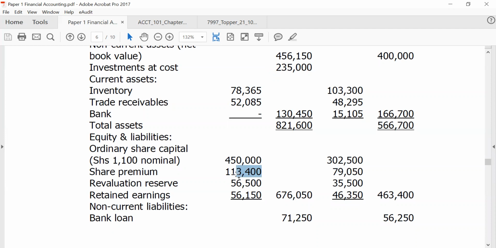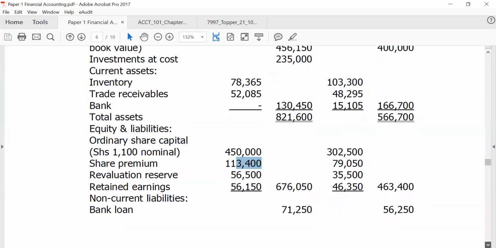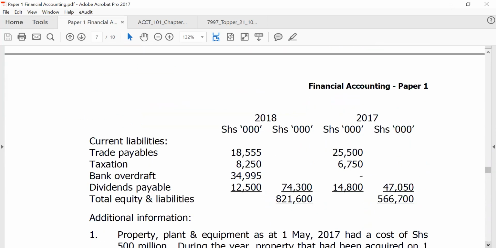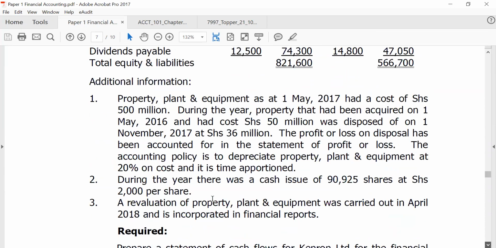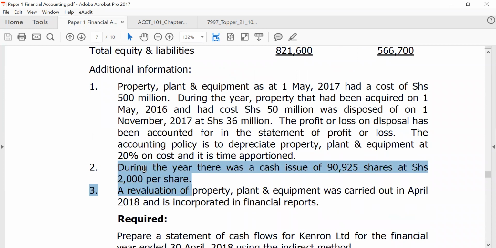We also have additional information telling us that there was a cash issue of 925 at 2,000 per share.